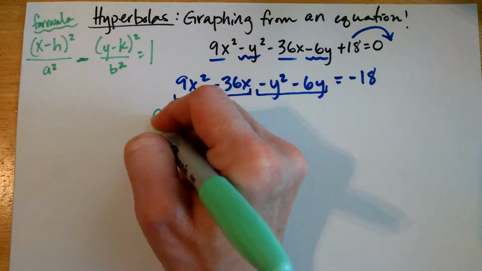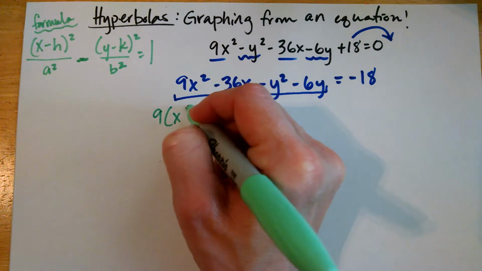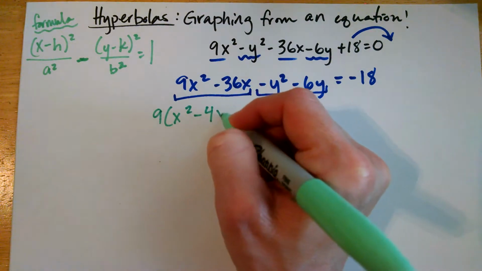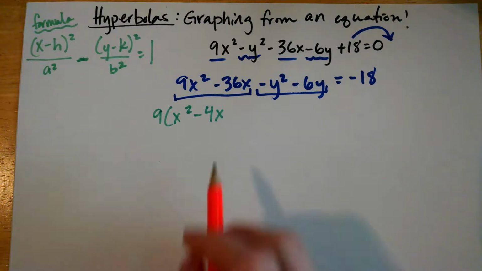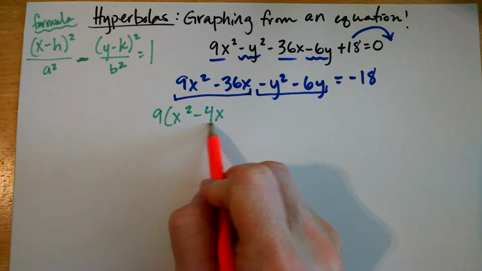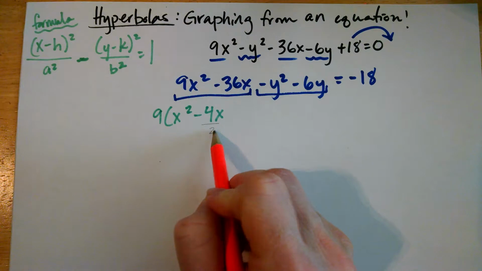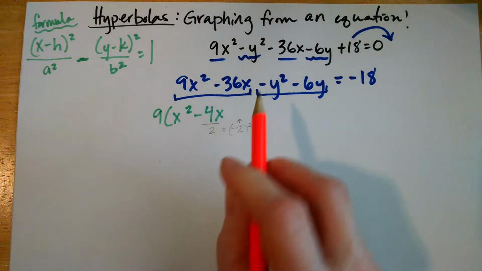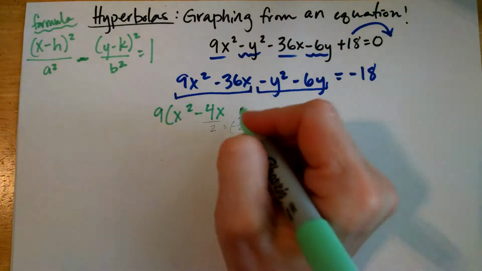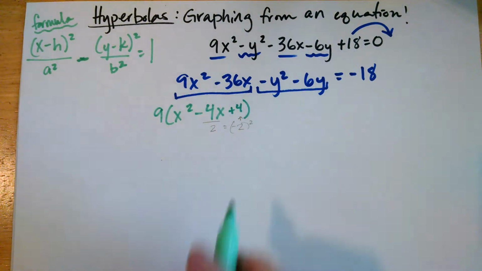So I'm going to factor out a 9. And then I'd have an x squared minus 4x. I'm going to complete the square here, which if you remember, we need to divide this x term by 2, and that would be negative 2, and then we would square that, and that would go there, which is a positive 4.